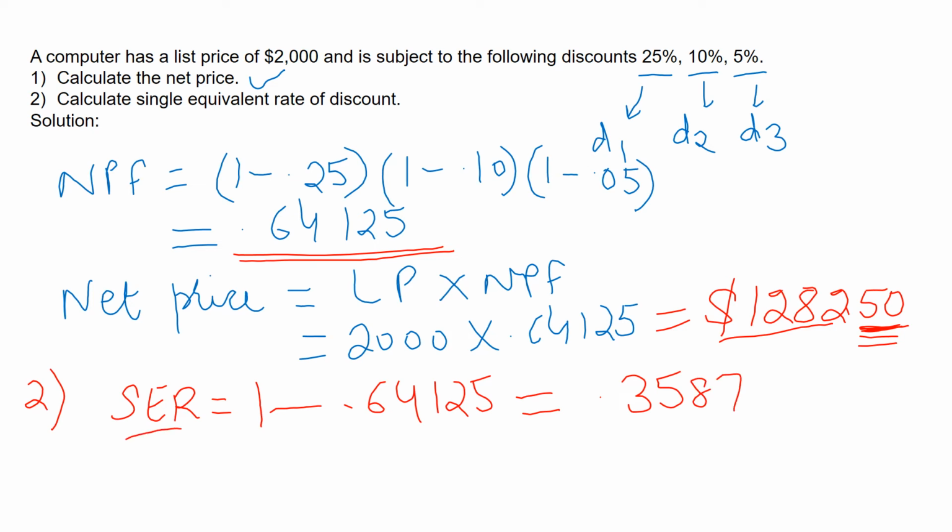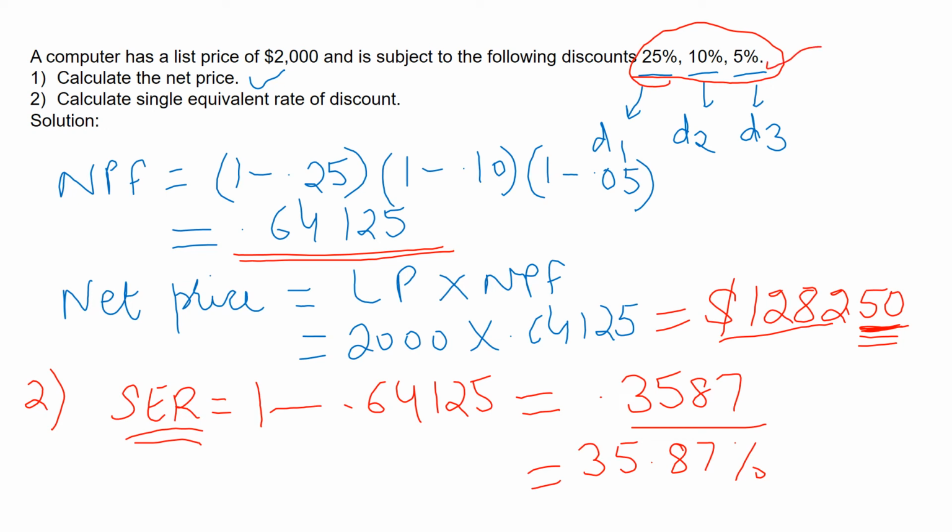Because we are calculating the rate, it should always be in percentage. So we convert this value into percentage by multiplying by 100, and this becomes 35.87%. This means the series of discounts 25%, 10% and 5% is equivalent to a single discount of 35.87%.